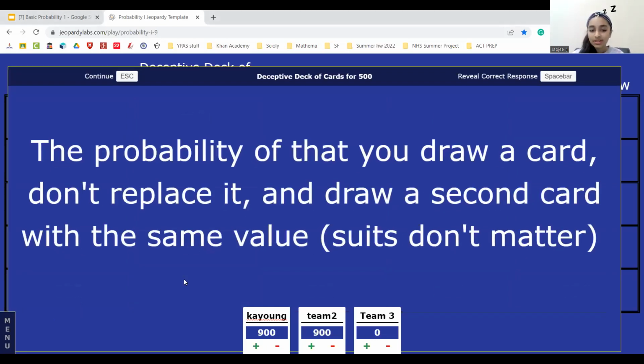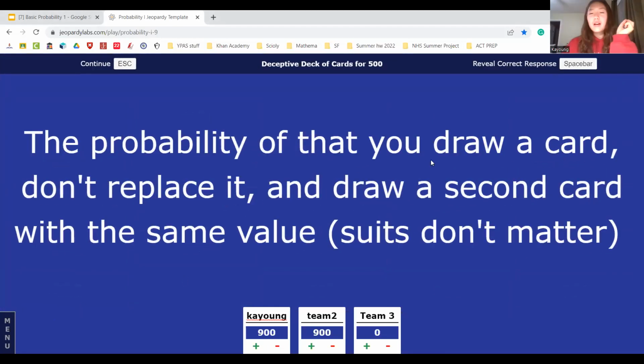Okay, deck of cards, 500. Alrighty. What is the probability that you draw a card, don't replace it, and draw a second card with the same value? So the same value would be like a 6 and then a 6 again. Let me think about this too.